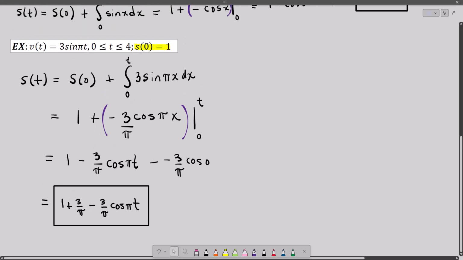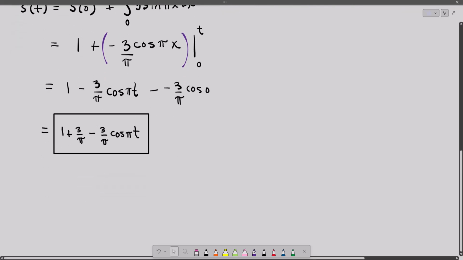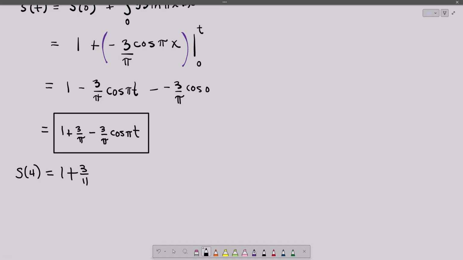Now, if we wanted the total displacement on this interval, there's two ways we could do it. If we just do this, the integral of this function from 0 to 4, that'll give us our total displacement. Or we could figure out the position at time 4. The position at time 4, we would just plug 4 in right here.